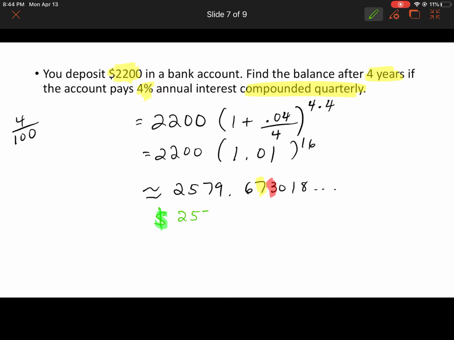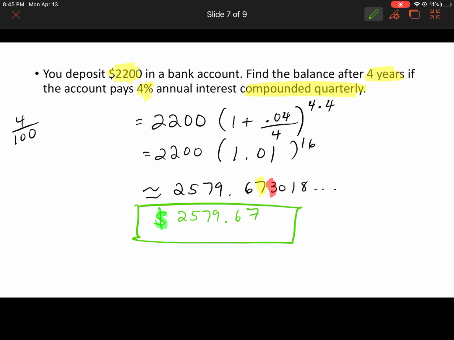So 2579.6, and I'm going to change the 7 into an 8, or leave it as a 7, depending on what the value after the 7 is. If it's a 5 or higher, it goes up. If it's 4 or lower, then it stays the same. Since it's less than 5, it stays the same. So we actually get $2,579.67 for this problem. That's our final answer for this problem.